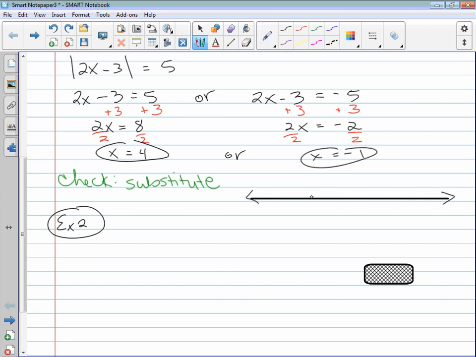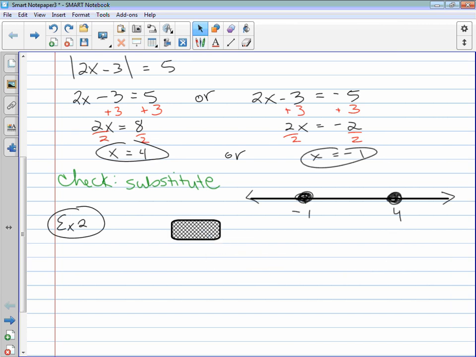Just throw the important ones. -1 and 4. That's all I really care about. You can fill in the other ones if you really want to. But for this one, all you got to do is put circles on those spots. That's it. It seems kind of silly. When you get to absolute value inequalities, you're going to see why we have to do things on a number line. But for right now, it's just the key points on the number line. It's just those specific values, right?